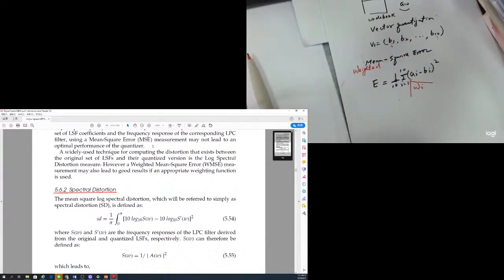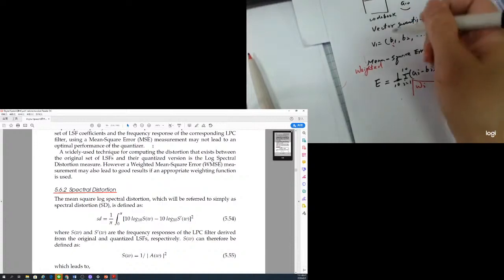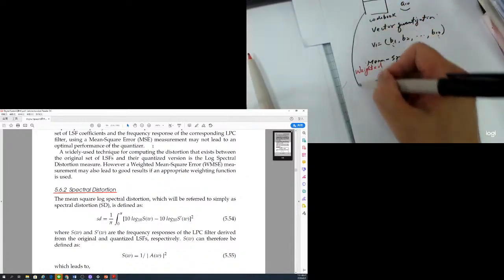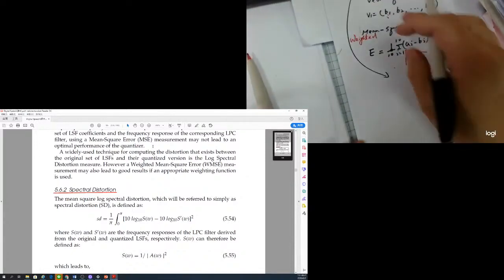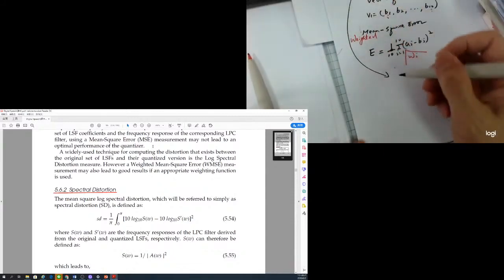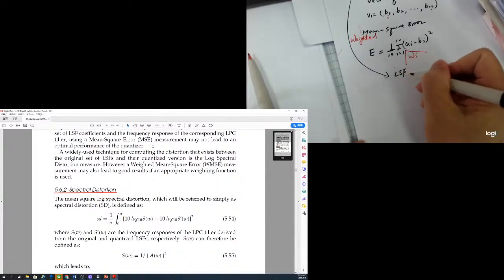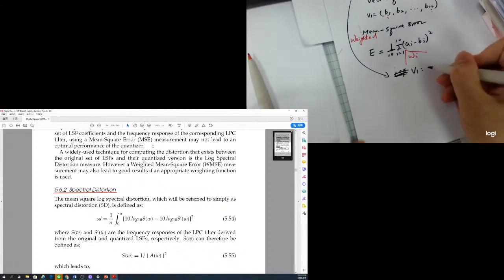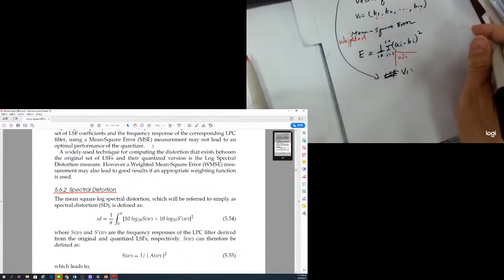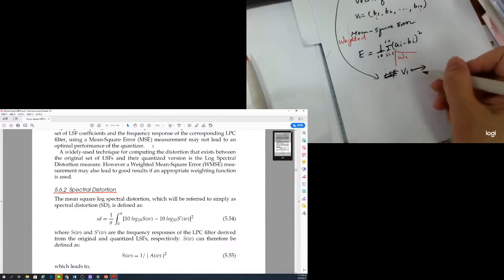Another one: we know this is our codebook, and each codevector corresponds to line spectrum frequencies.